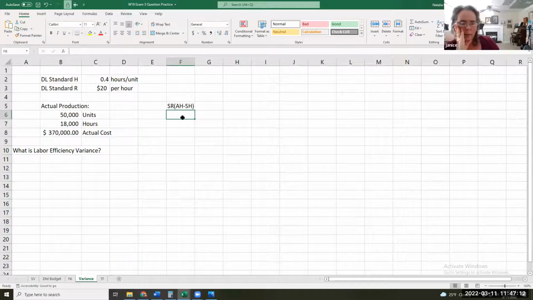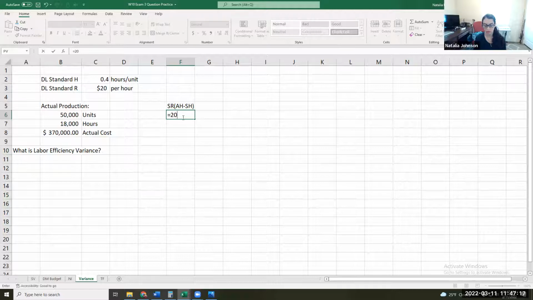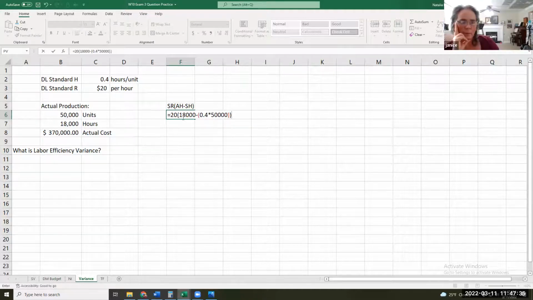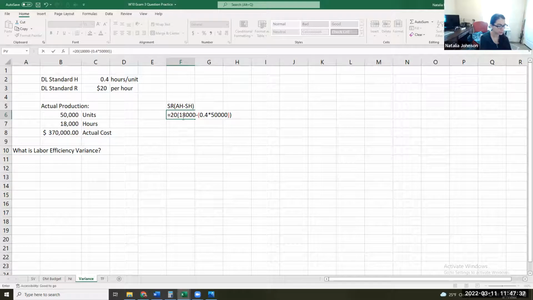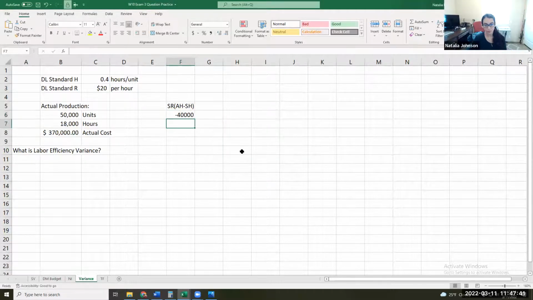So the standard rate first is $20, and then actual hours, 18,000 hours, minus standard hours, which is 0.4 times 50,000 units. I wish they were this simple. Okay, so it's 40,000.